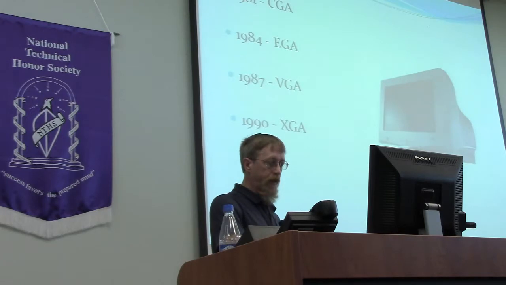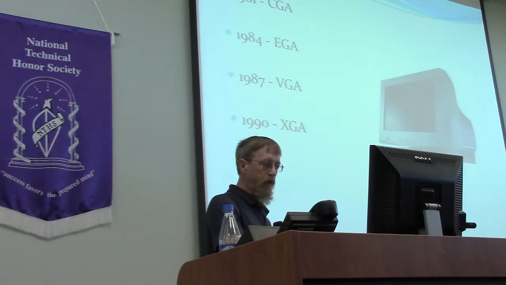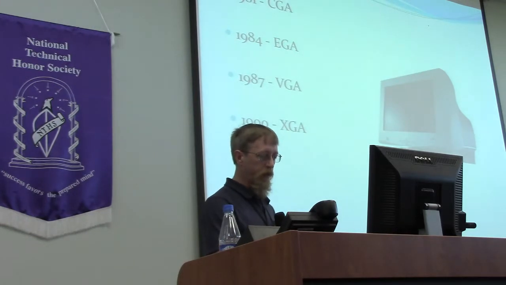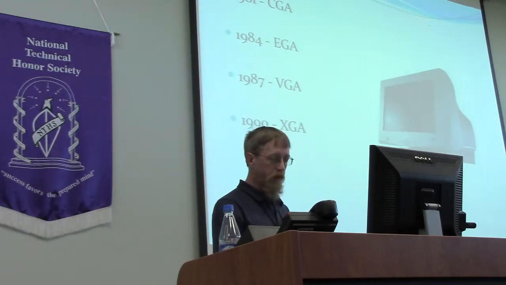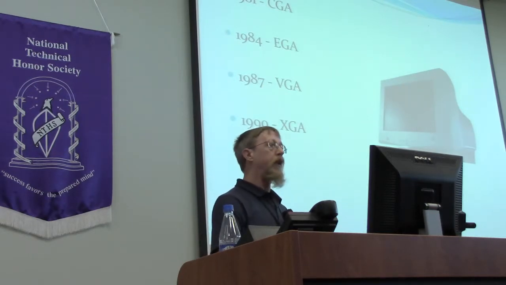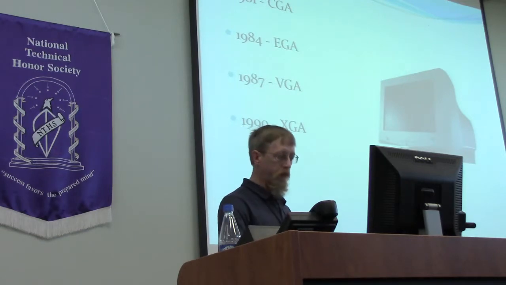And in 1987, IBM introduced what we all know as the VGA, or video graphics array, which is used in most computer monitors and even TV monitors up until the flat screen panels came out. And actually, we still use the VGA pins to hook our cables to the monitors in most situations.